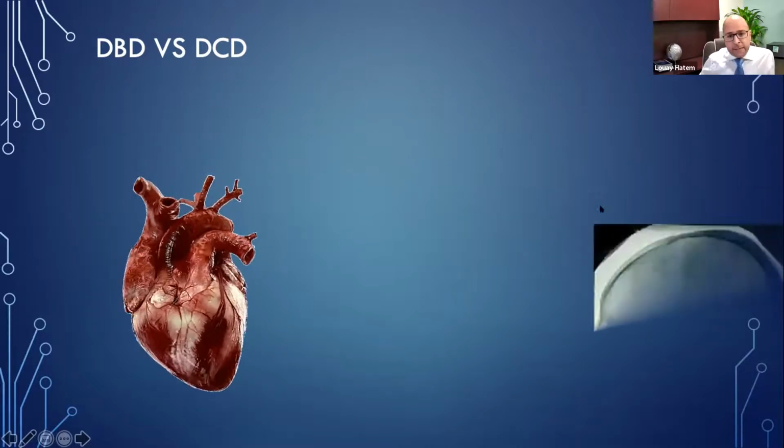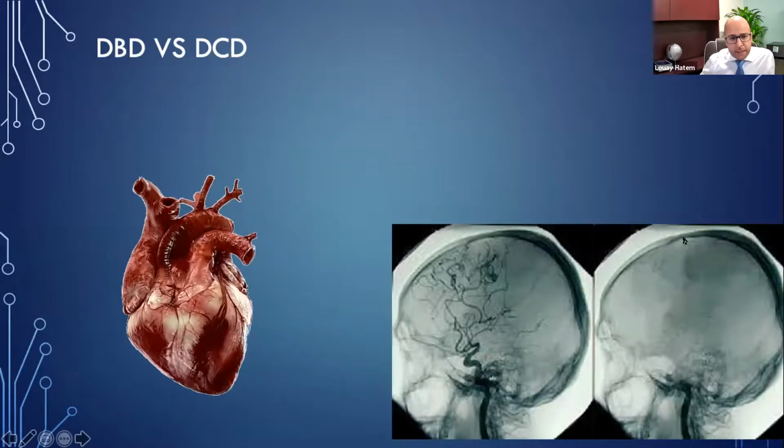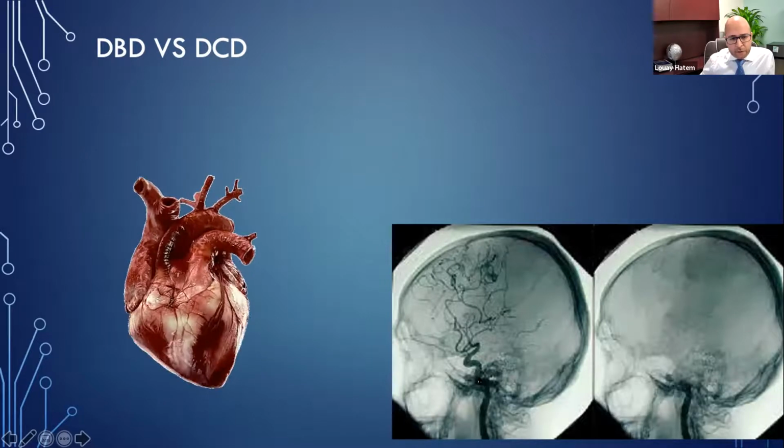In those cases, the patient is declared dead in the ICU through well-known established neurologic criteria. There's an apnea test, and there's a cerebral blood flow study, like in this image, an angiogram of the brain. The first image shows a normal flow. In the second image, there's no flow to the brain, which indicates brain death.